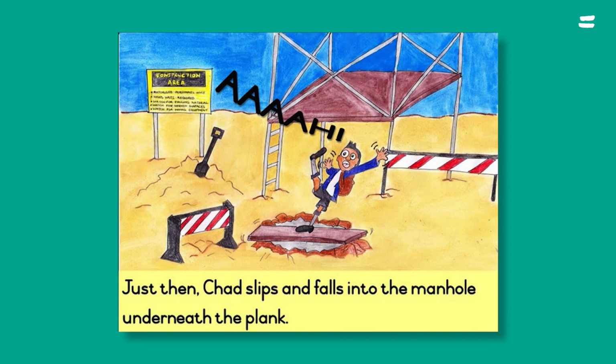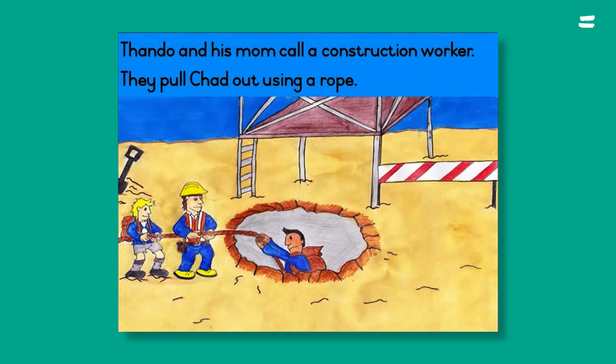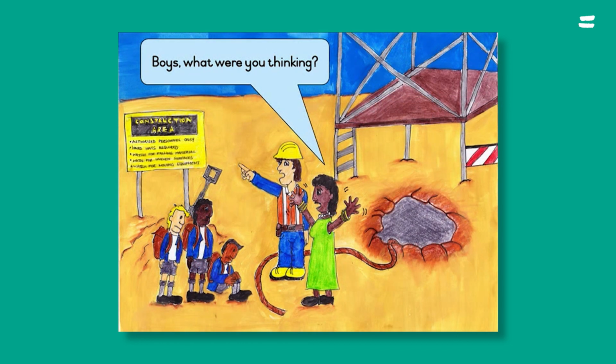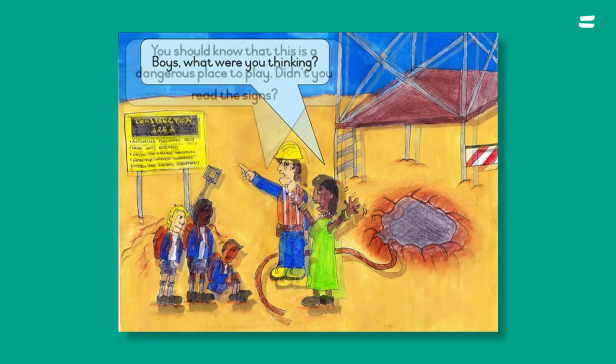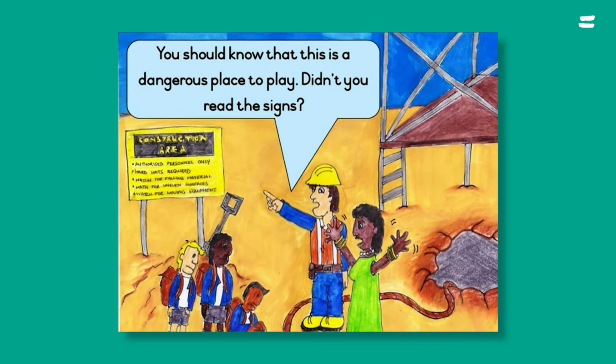Just then, Chad slips and falls into the manhole underneath the plank. "Help me!" Thando runs home to fetch his mum. Thando and his mum call a construction worker. They pull Chad out using a rope. "Boys, what were you thinking? You should know that this is a dangerous place to play.